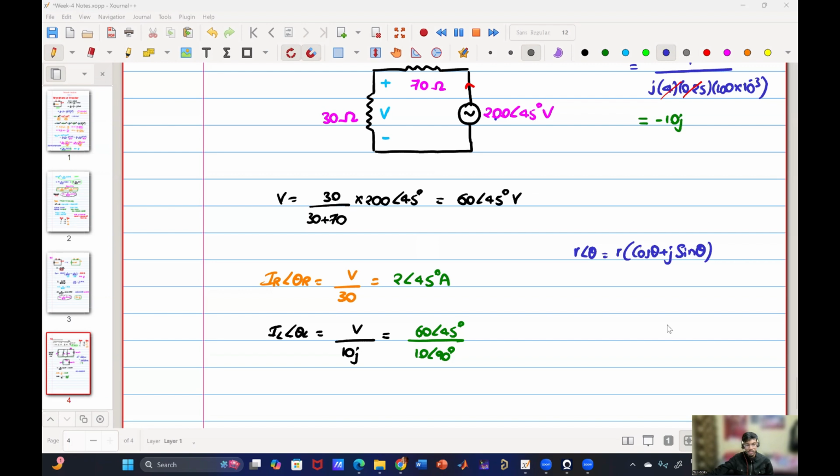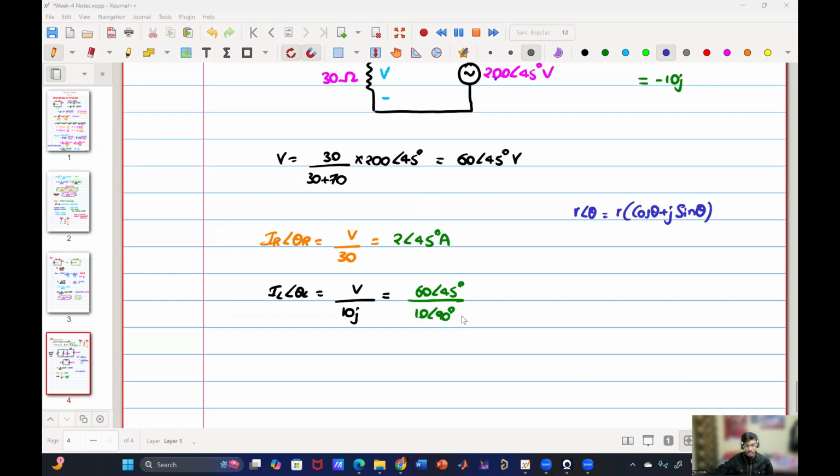How I have written the denominator? You made it as 10 angle 90. Instead, we can write minus 6 angle 45? I meant to simplify because the meeting got ended, I have not simplified.